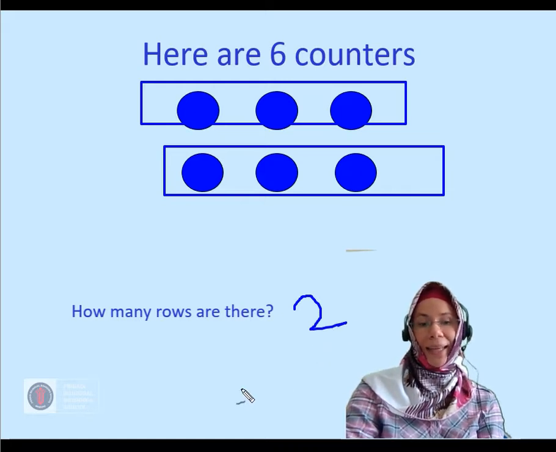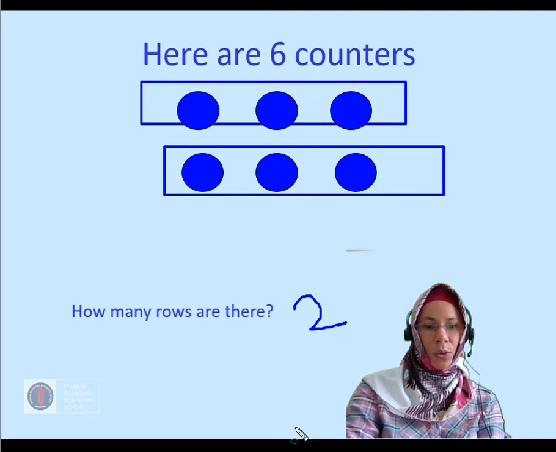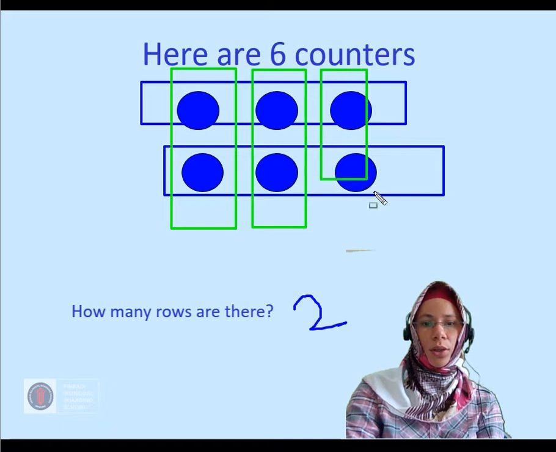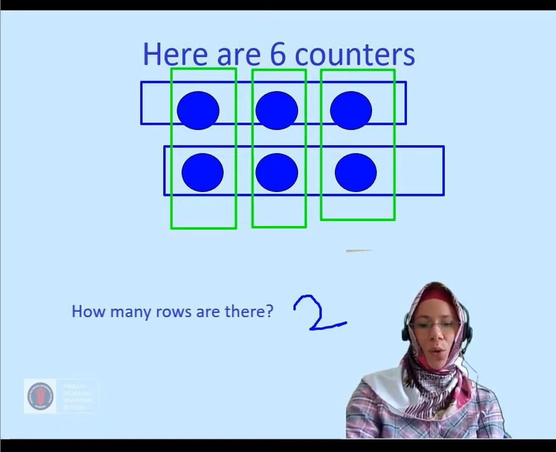Okay, how many columns are there? How many columns? Okay, let's do it with the green. Okay, here, columns up to down. 1, 2, 3. So we have 3 columns.